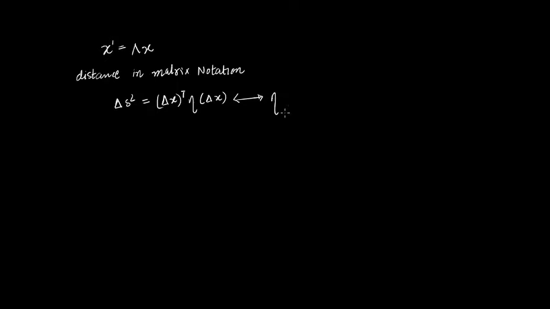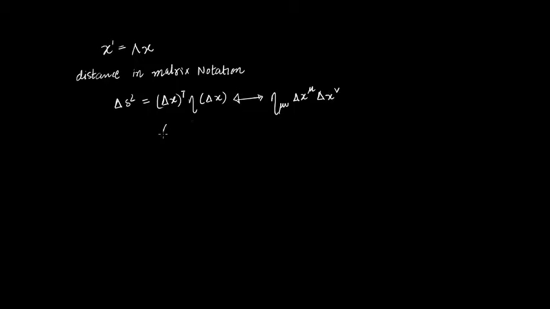Now what we do is, if we write the distance in matrix notation, that will be delta S squared, which will be X transpose our metric times X. You need to realize that this is just a matrix notation, and it is in fact the same as our metric mu nu delta X to the mu, and it's not really a power, it's just a superscript, and delta X nu. So these both are the same.